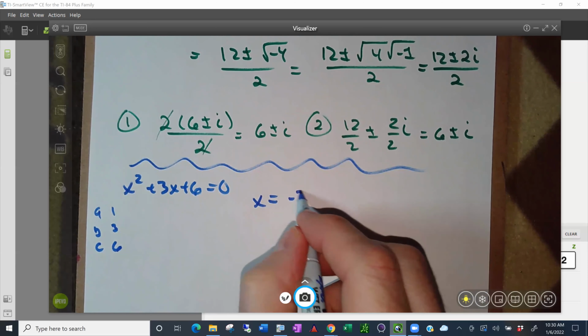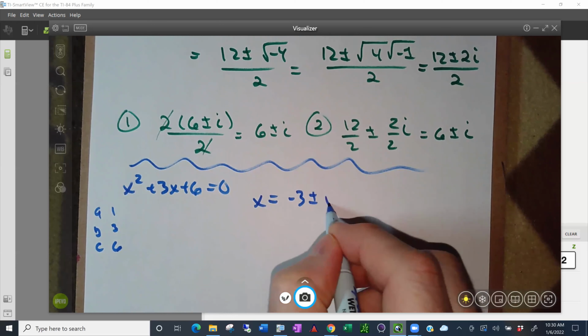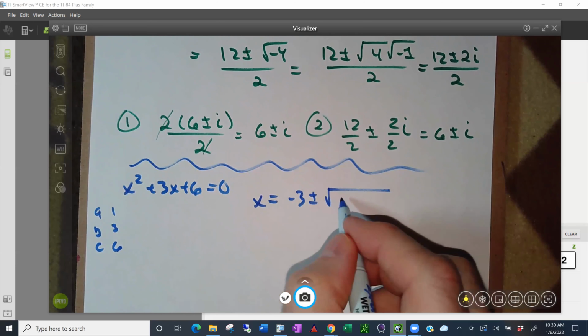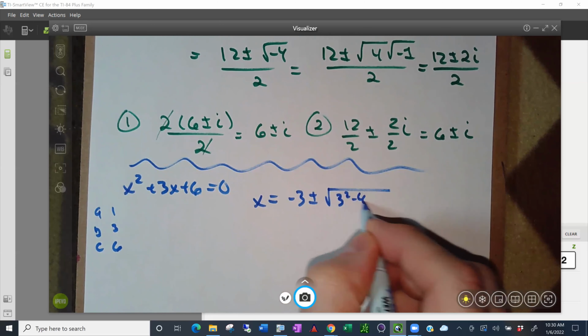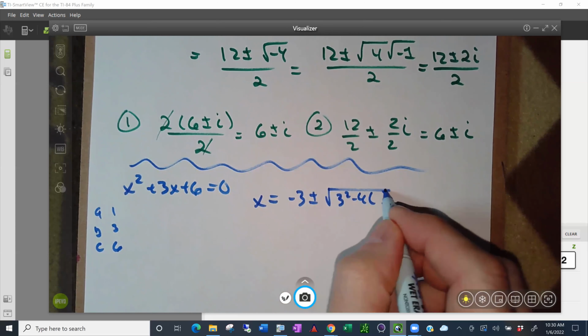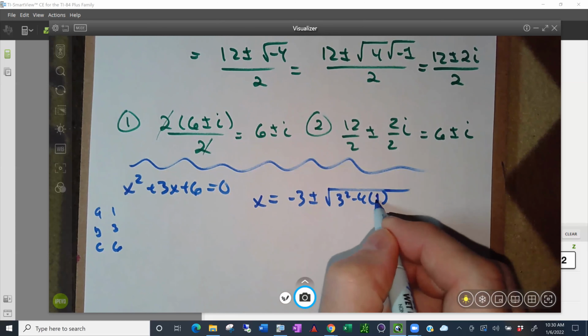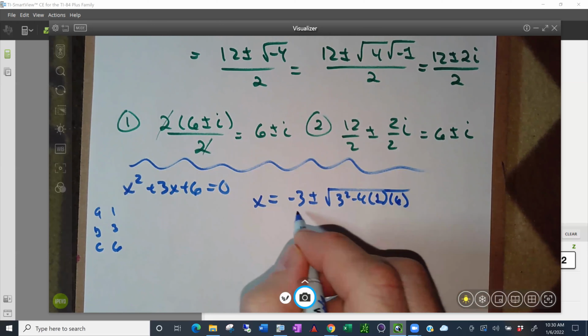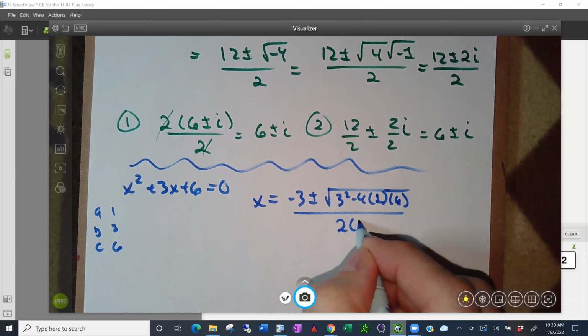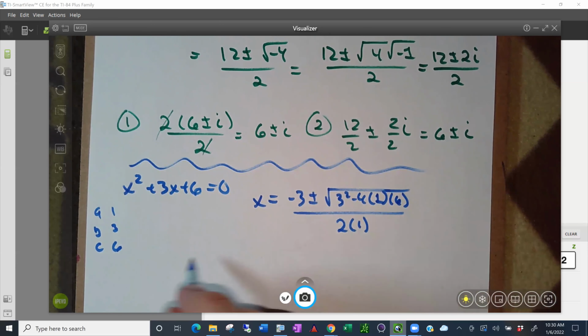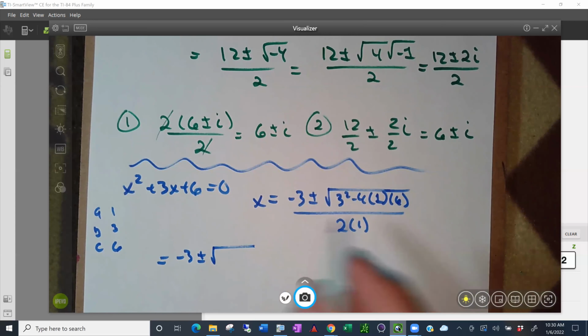So it's negative 3 plus or minus the square root of b squared, which is 3 squared, minus 4 times a, which is 1, times c, which is 6, over 2 times 1. So it's negative 3 plus or minus the square root of 9 minus 24, over 2.